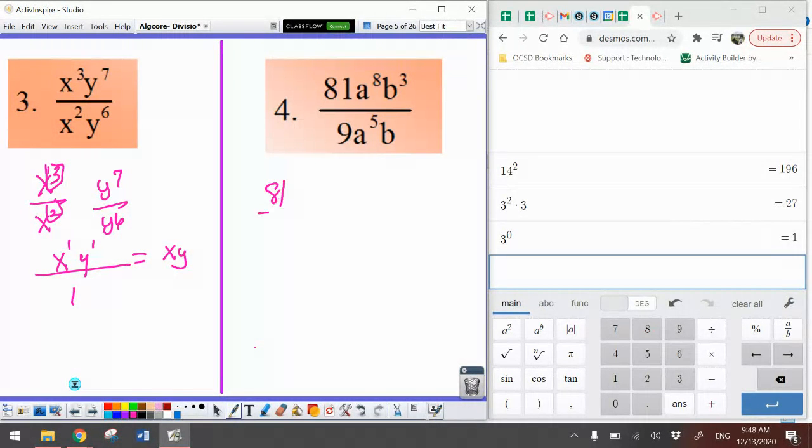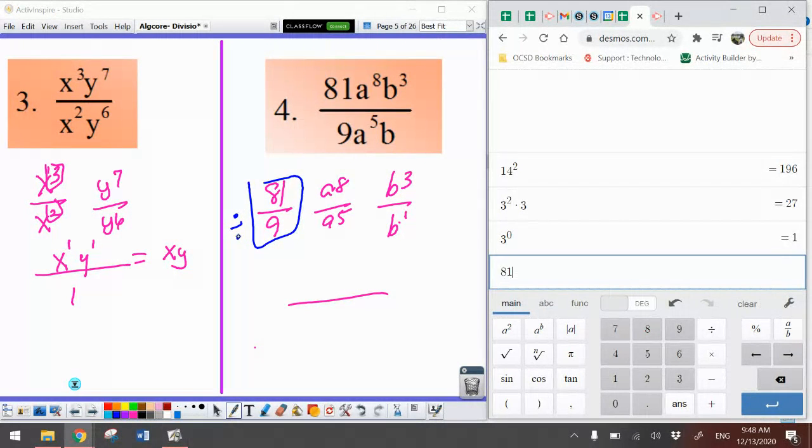All right, now let's take a look at this next one. I'm going to break this out into our 3 pieces, and I'm going to go ahead and add a 1 there so I don't forget that there is a power of 1. And let's do our numbers first. So this is actually a division. It's a fraction. So I need to simplify it.